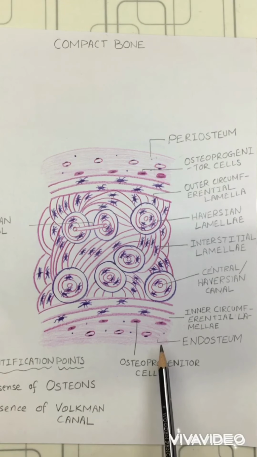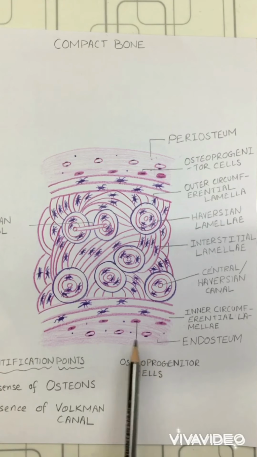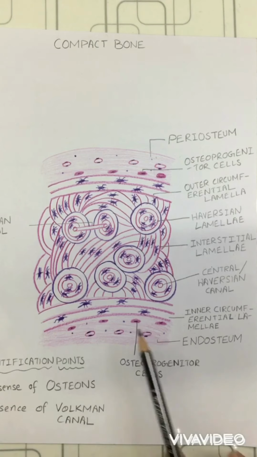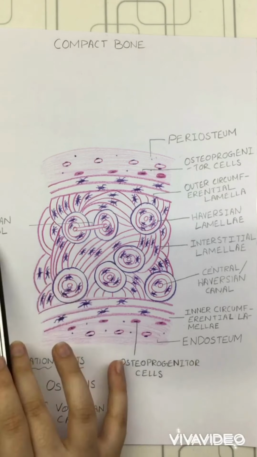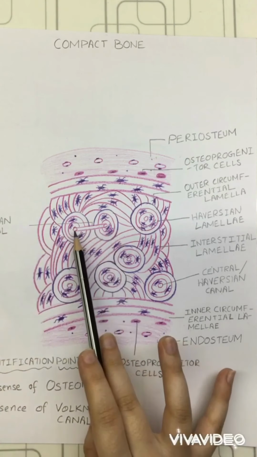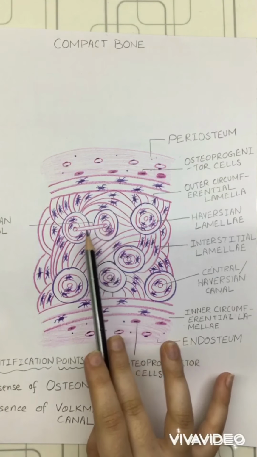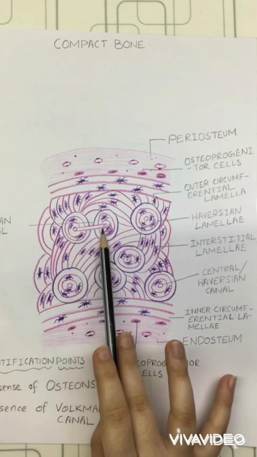Endosteum is a layer of vascular loose connective tissue which lines the medullary cavities and trabecular cavities, and it also contains osteoprogenitor cells. These are the Volkmann canals, which connect the neighboring Haversian canals with each other.